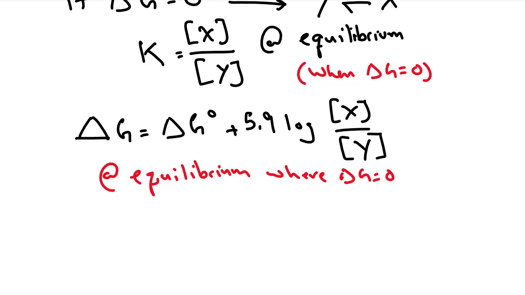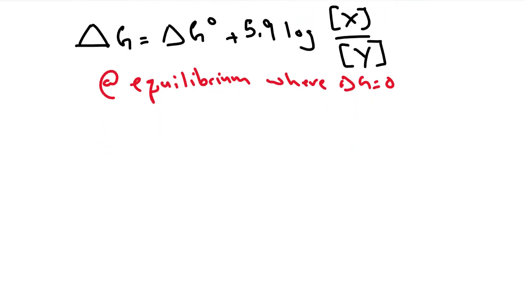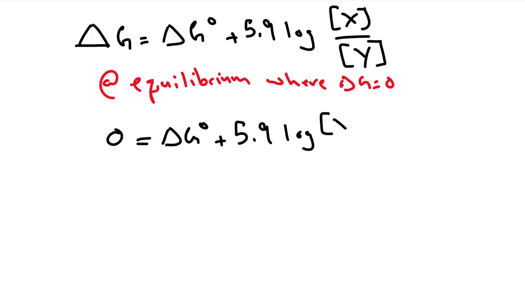So if delta G equals 0, then our equation becomes the following. 0 equals delta G standard plus 5.9 log of X, the concentration of product, in this case X, over the concentration of the reactant.